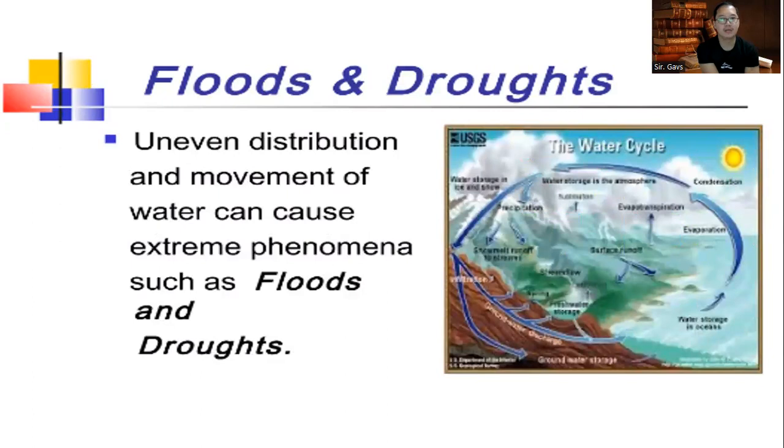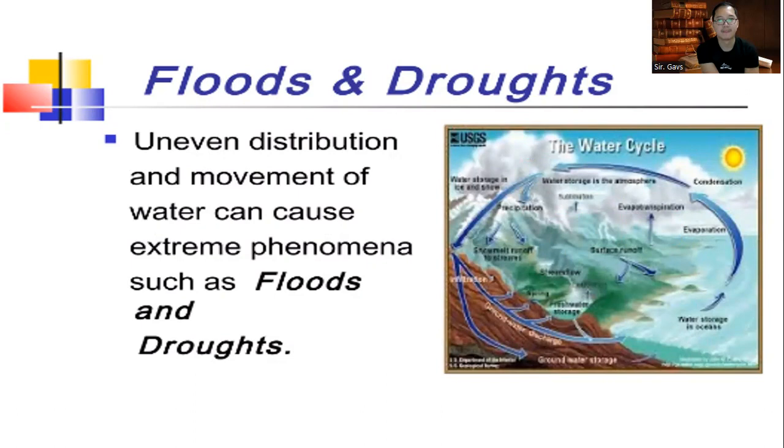And when we say floods and droughts, there is uneven distribution and movement of water that causes extreme phenomena. So these are floods and droughts, like La Nina and El Nino.